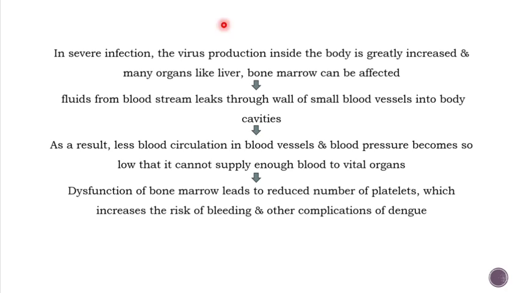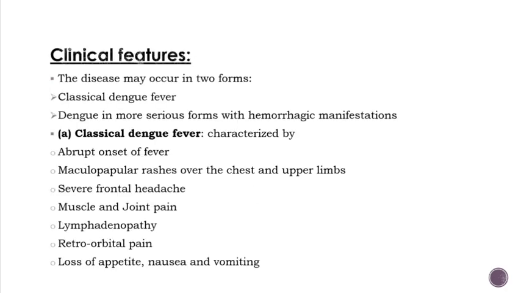Coming to clinical features of dengue infection. There are two forms of dengue infection. The first one is classical dengue fever and the next one is a serious form, that is hemorrhagic manifestations.